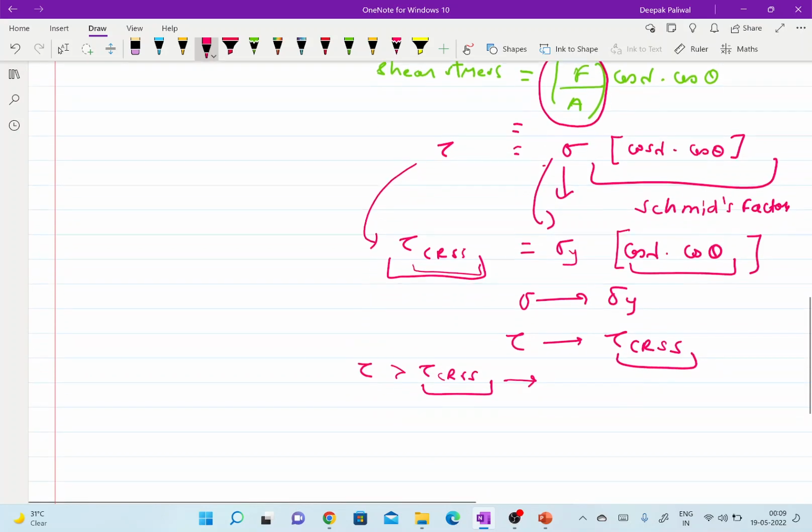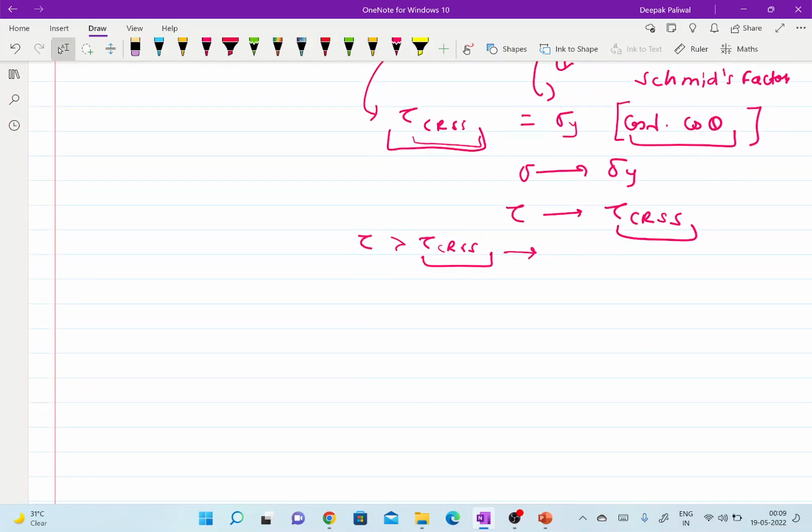Let us find the effect of the various planes with respect to the loading direction, or rather the effect of loading direction on a particular plane on the critical resolved shear stress. So here we have the equation tau equals sigma cos lambda cos theta.